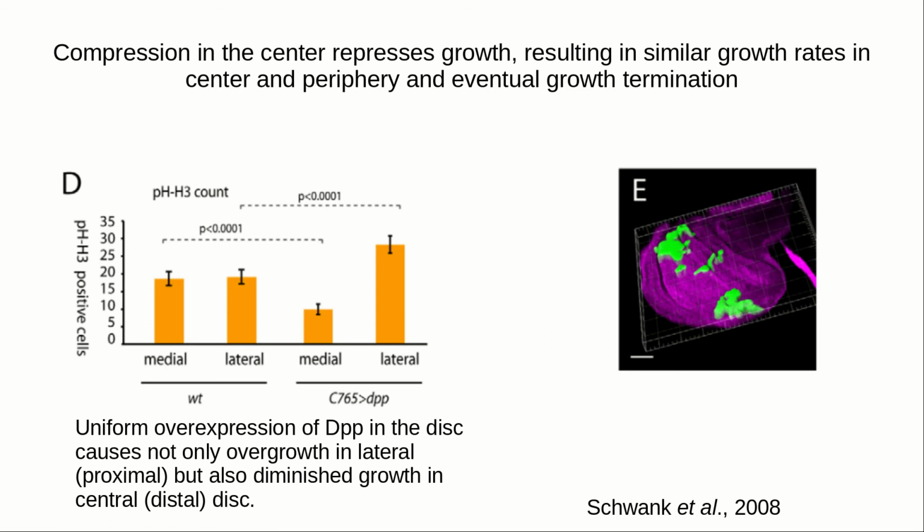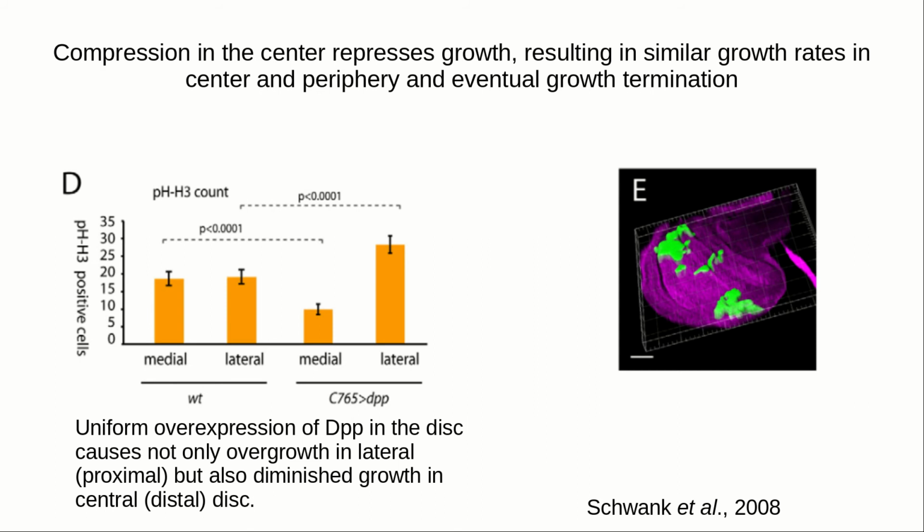Okay, well, as cells in the center grow, they experience also a higher pressure. They are compressed because of their own growth, and after some threshold, this compression starts to repress their growth. Okay, so growth is repressed by compression.